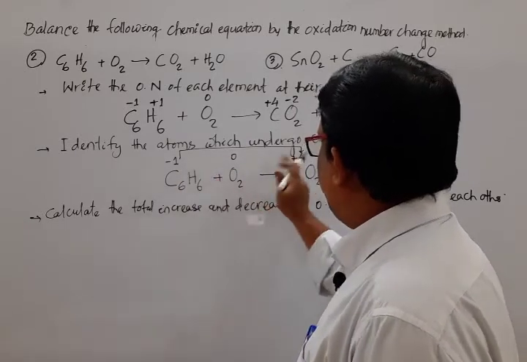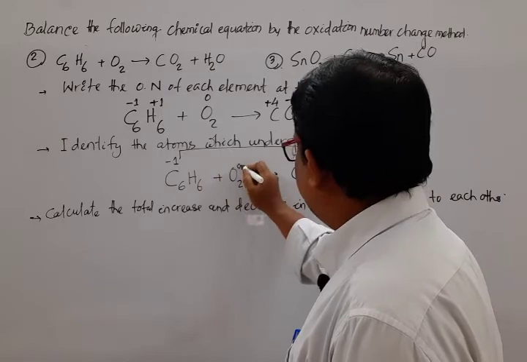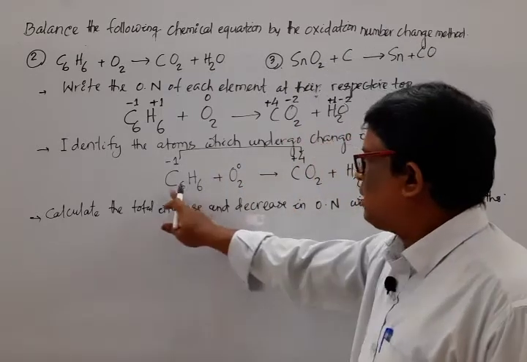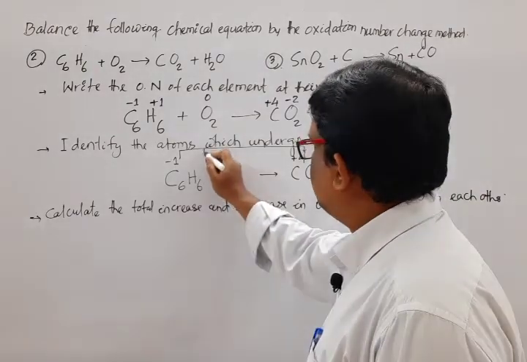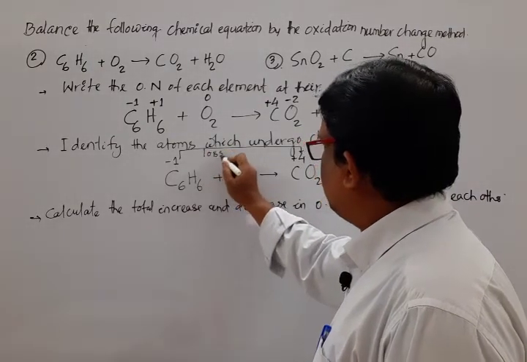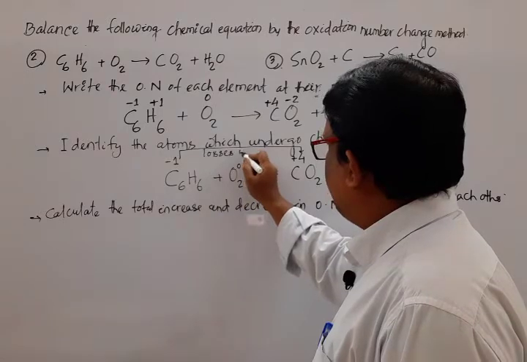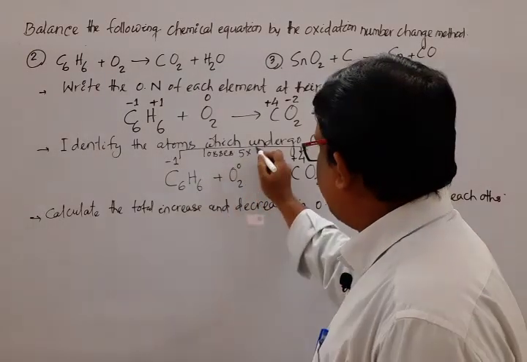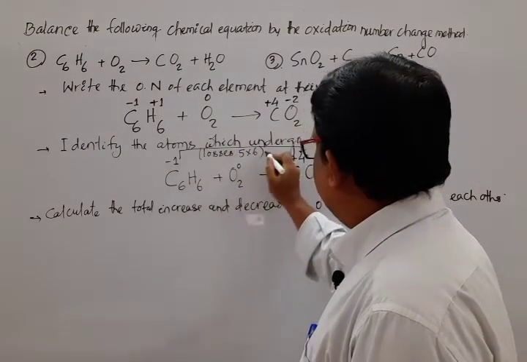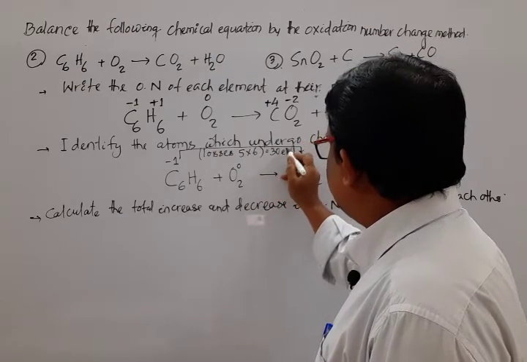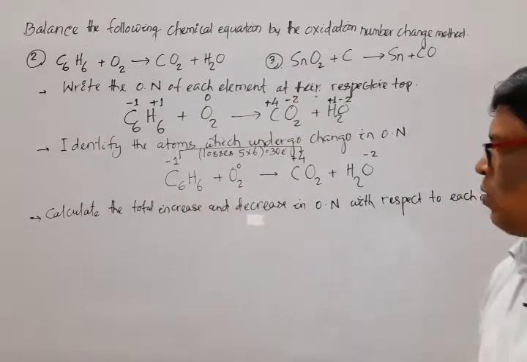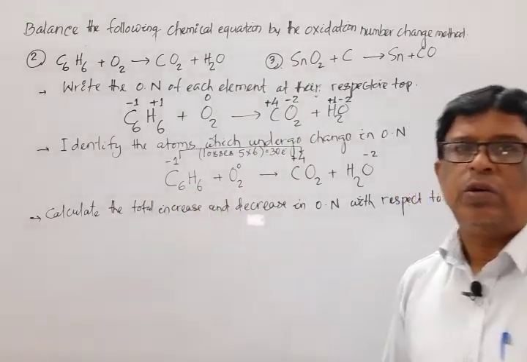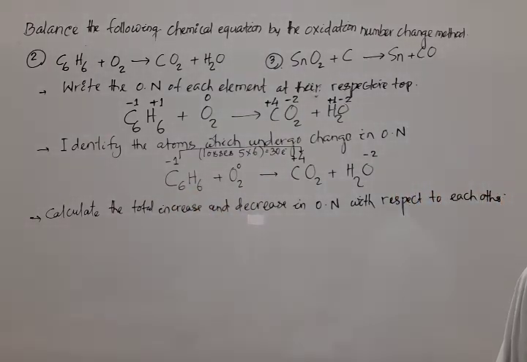Carbon minus 1 to plus 4 means carbon loses 5 electrons. 5 into 6 carbons, that is 30 electrons. As one carbon loses 5 electrons and there are 6 carbon atoms, totally it loses 30 electrons.